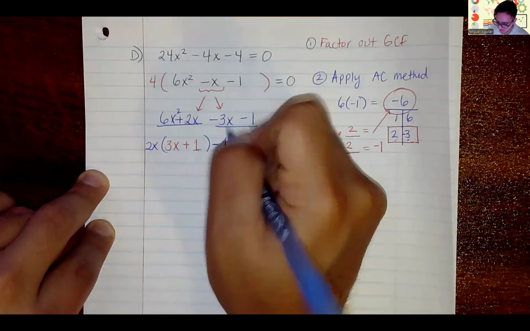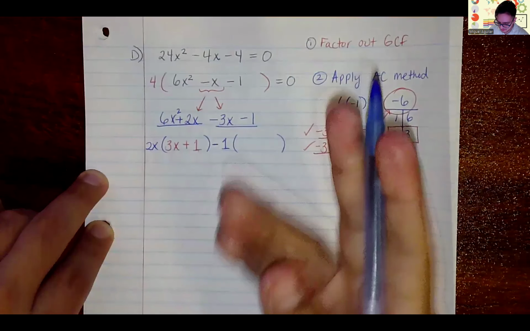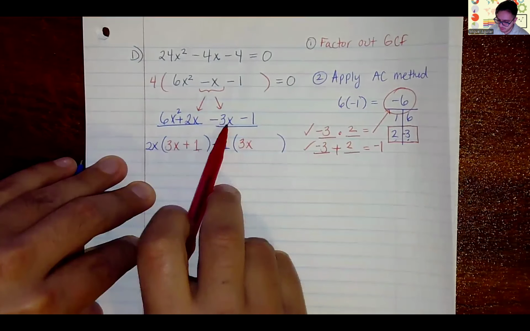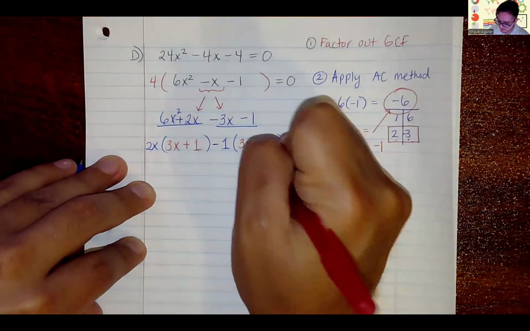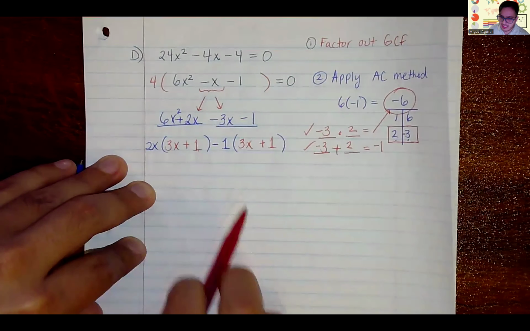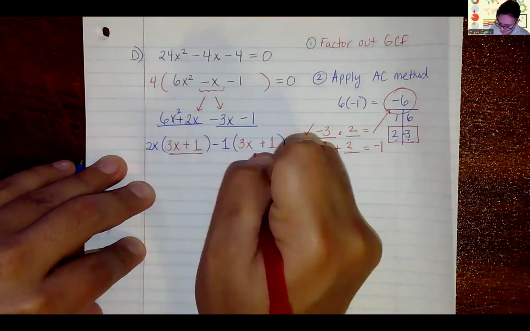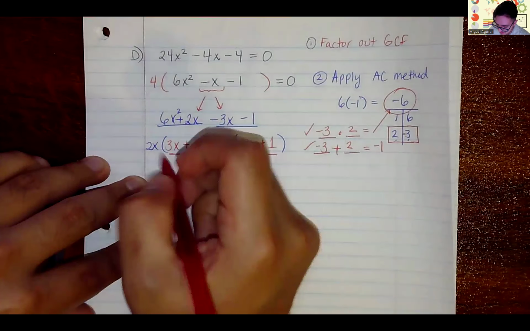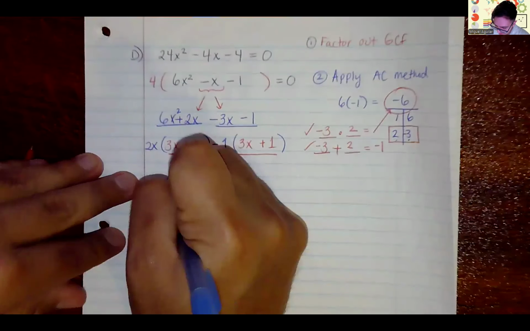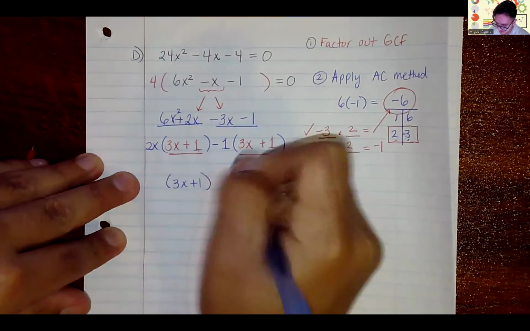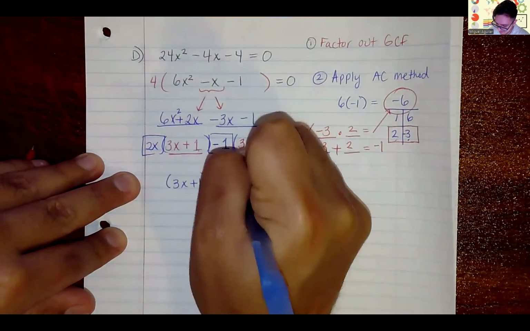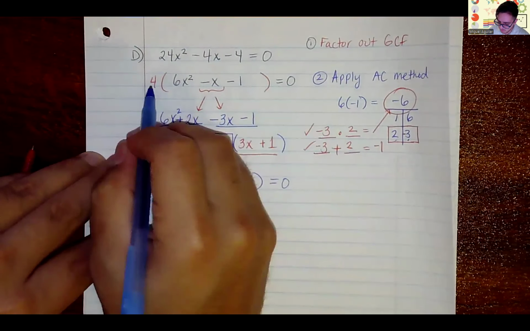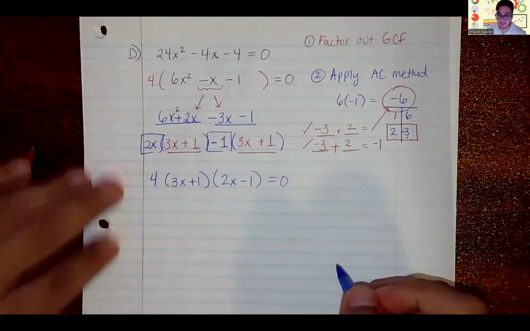Because if we factor out a negative 1, negative 1 times 3x gives you the negative 3x, and negative 1 times positive 1 gives you the negative 1 back. Well, we just matched what we needed inside the parentheses. So that means our first factor is 3x plus 1, and our second factor is 2x minus 1. You can set that equal to 0, and if you want to, you can bring in the 4 here.